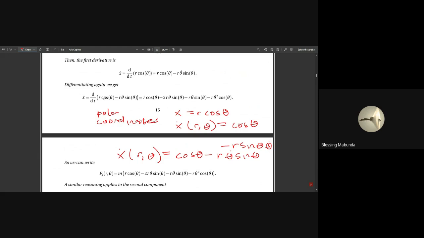Right, and then to get to acceleration, you can do the double derivative of that. Just a minute. So we said this is x. Right, we can apply the chain rule to the function as well. When we differentiate the r here, instead of going to 1, it's going to be r dot. Let's just correct that.